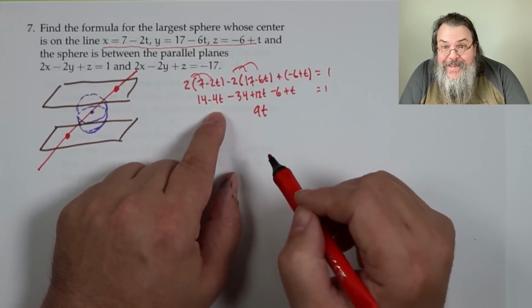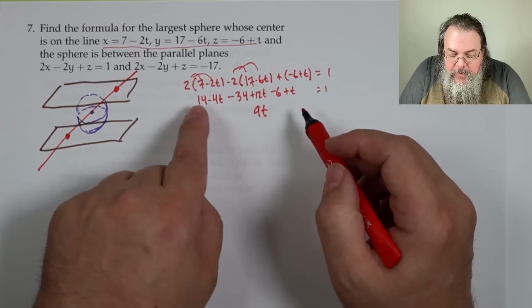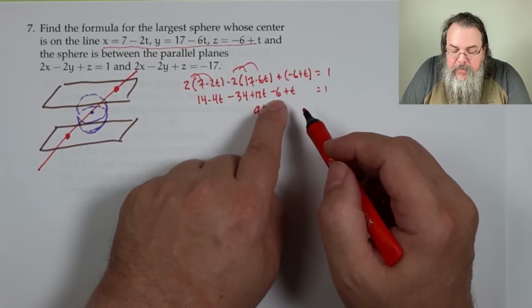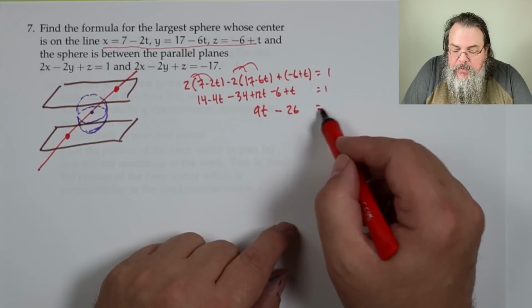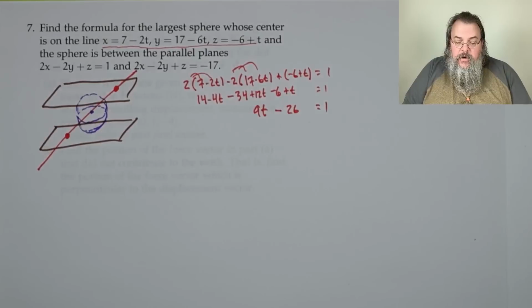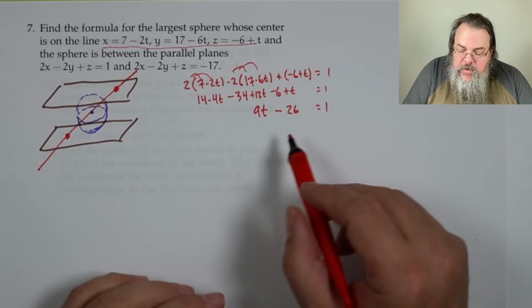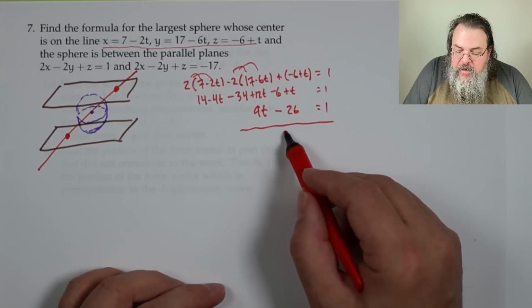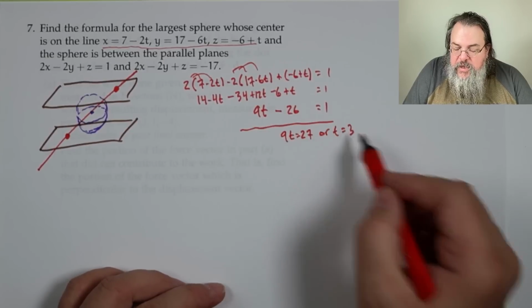Not the number 90, 9 times t. And we have 14 minus 34 makes minus 20, and minus 6 more makes minus 26, and that equals 1. All right, from here we can add 26. So I'm going to put a little line here, and we get 9t equals 27, or t equals 3.